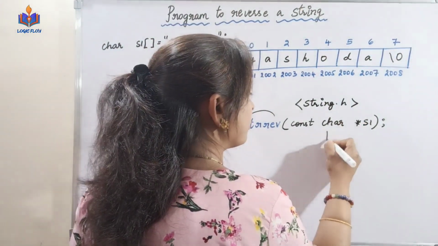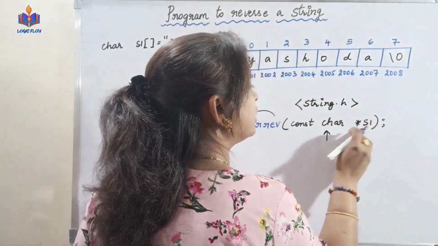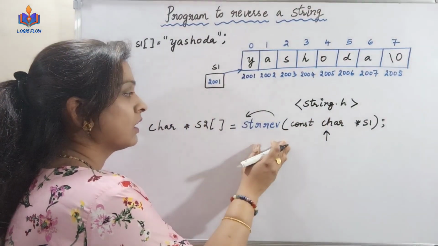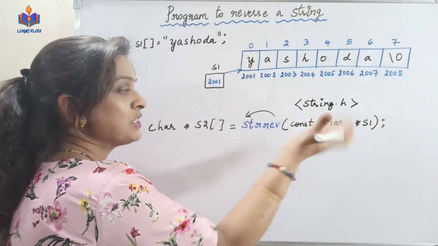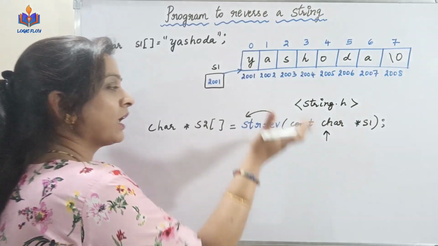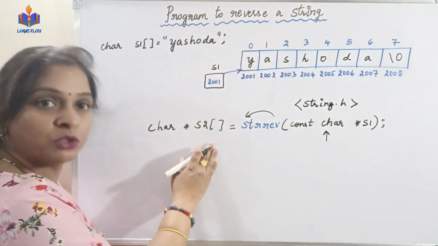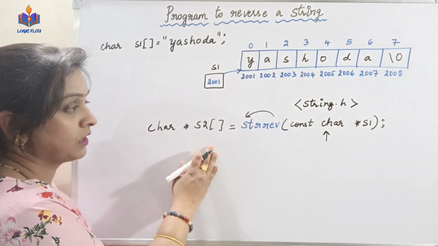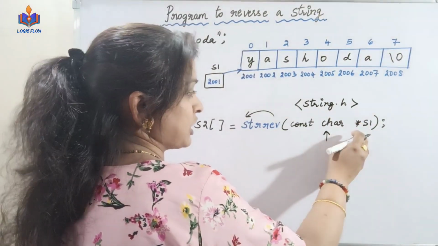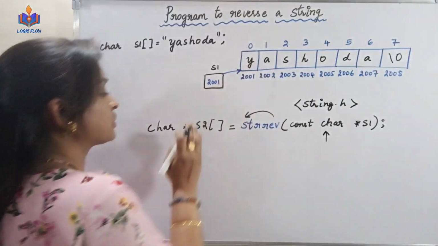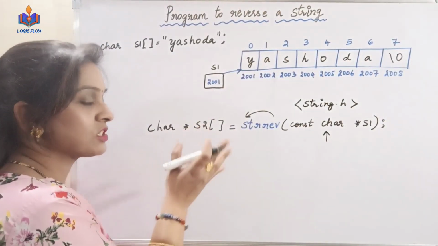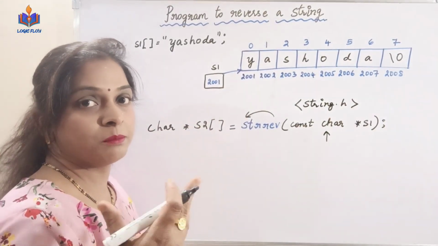It takes one argument, a pointer to a string, and it has to reverse that, and it returns a character pointer, again a pointer to a string, which is the reversed string. So here I can say I am passing S1 and the reversed string is stored in S2. This is the process that the built-in function follows.